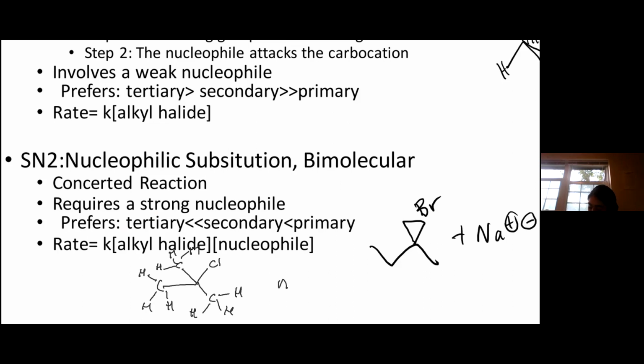If we have, let's say, a nucleophile trying to attack from the back, because it's going to be a backside attack, there's too many methyls or hydrogens from the methyls hindering that from happening. So that's why it would prefer having a primary, which would have less of this branching, because that's going to be easier to attack from the back. Does that make sense? Does anyone have any questions?